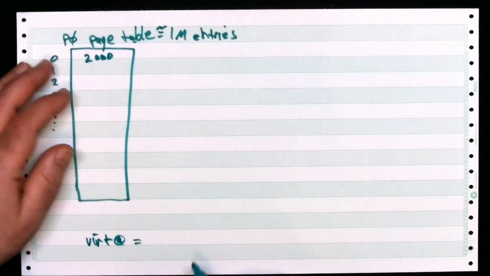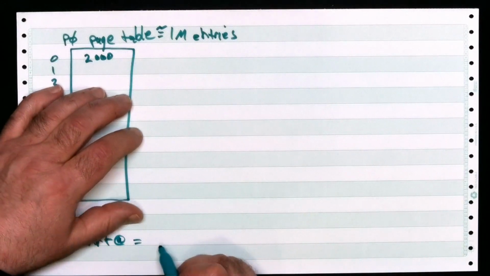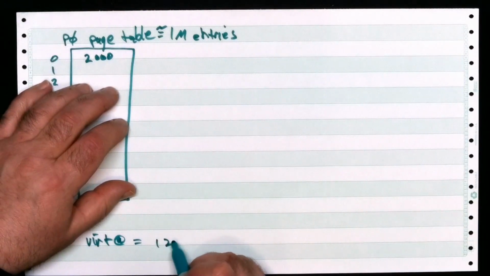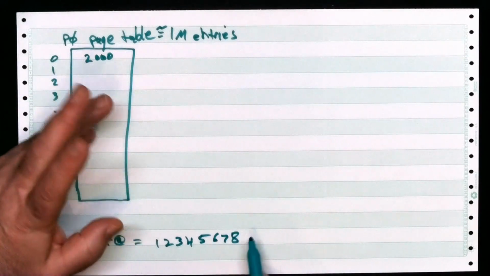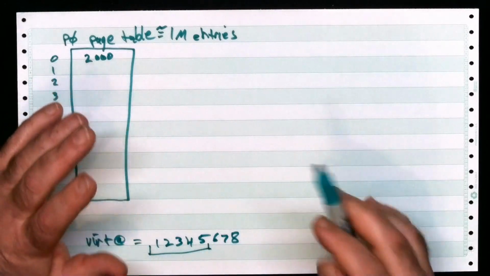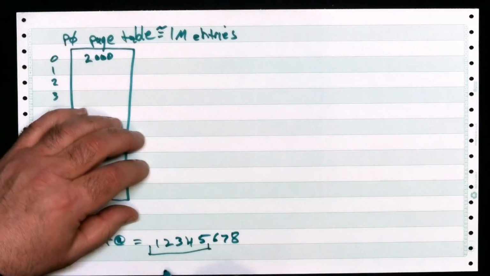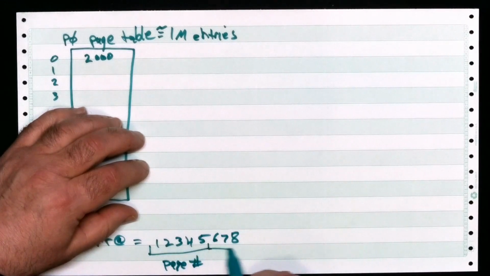Let's take an arbitrary page whose virtual address is 1, 2, 3, 4, 5, 6, 7, 8, so we don't confuse these digits. These digits here in hex in this hypothetical machine is the page number. The last 3 digits over here is the page offset.